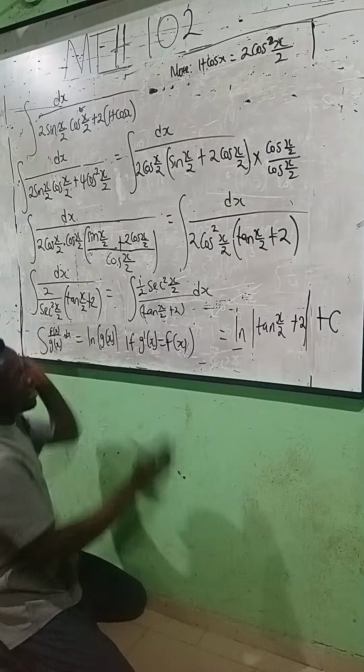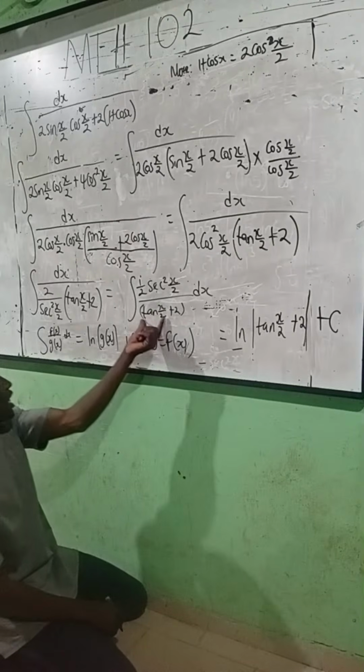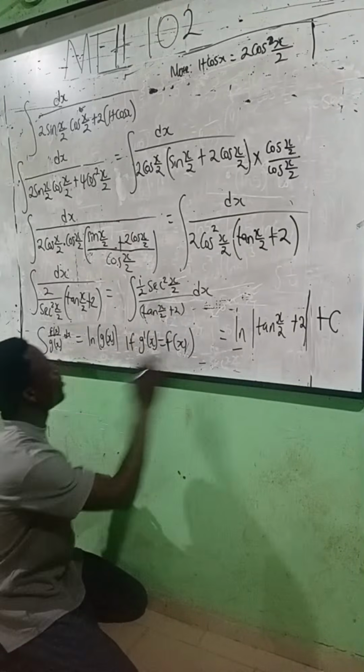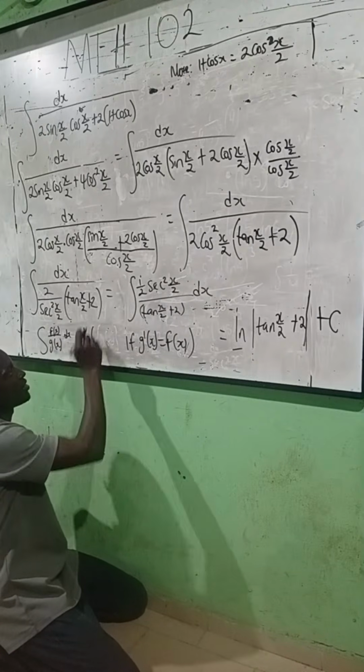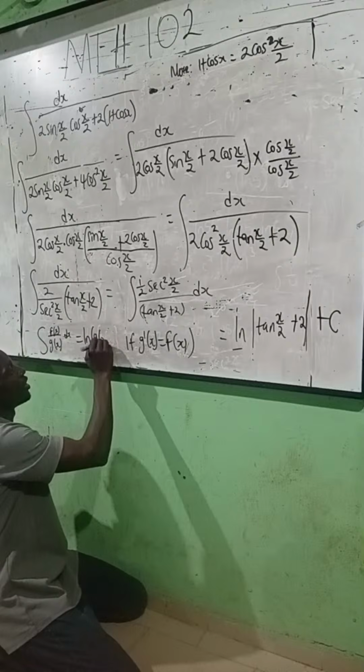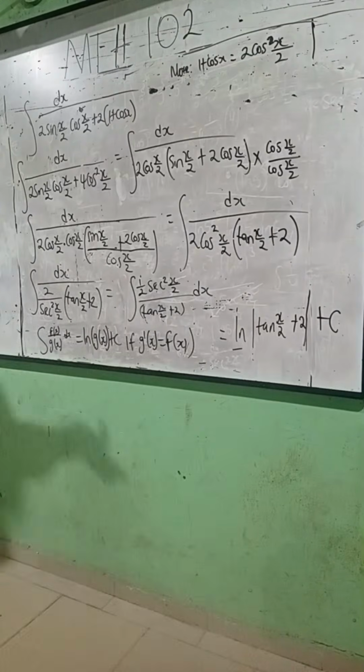Then you can just put ln g of x as the answer, plus c. Don't forget the c. Without the c, you get 0. So ln g of x plus c, if g prime of x equals f of x.